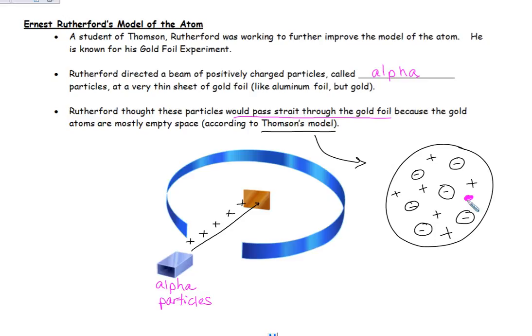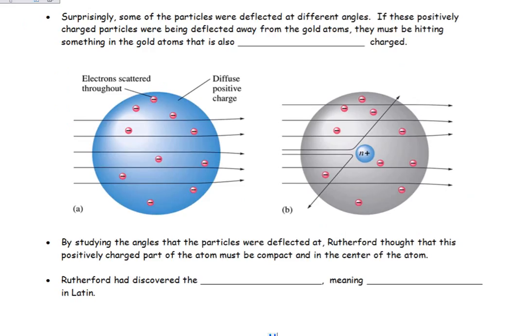I'm an alpha particle. I land right there, I should go straight through the foil. And that did happen. Wow. I love these pictures. Okay, so again, here's kind of the Thomson model, that plum pudding model.